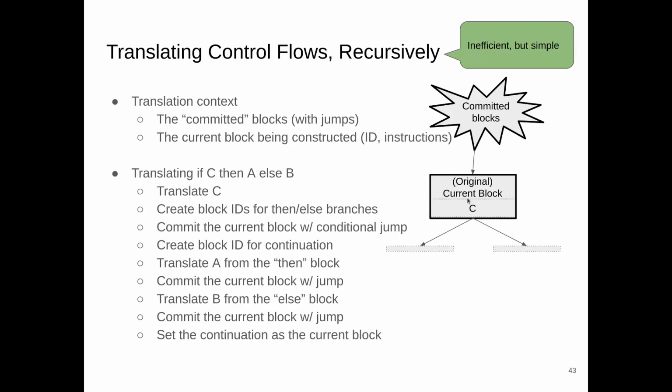And if the value of C is false, then it is going to jump to this block. So that's the end of the job of this current block: jumping to the next block. And in the next block, A or B will be executed. That's the job of the later translation. So the job of this block is done, and we just mark it as committed. There will be no more changes to the current block.